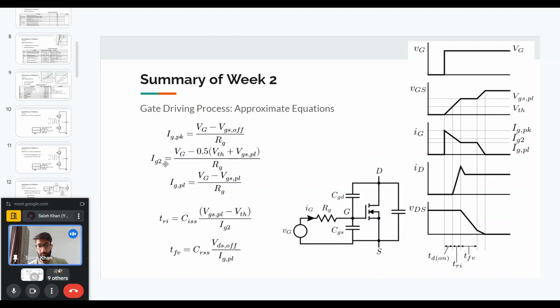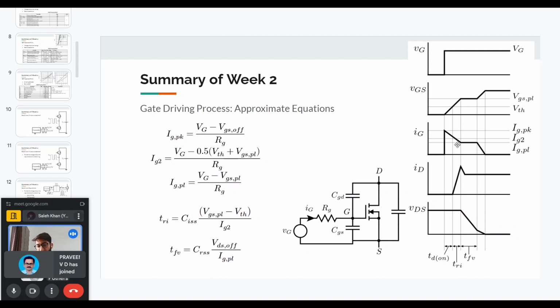If we want to find this current, it is the second equation that is given. And then finally, the Miller plateau gate current will be given by just VG minus VGS plateau divided by RG.